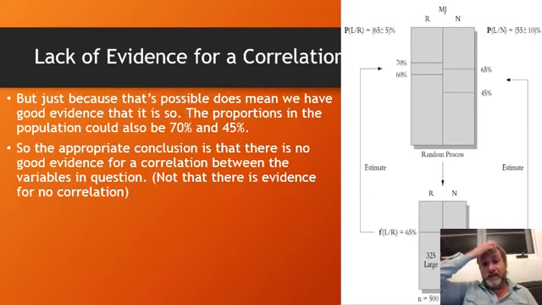But as we've said, just because that's possible doesn't mean we have good evidence that there's no correlation. For all we know, it could be 70% and 45%, right? So the appropriate conclusion to draw when we have an overlap like this is that there's no good evidence for a correlation. We don't conclude that there's evidence for no correlation. Convince yourself that those are two different claims.